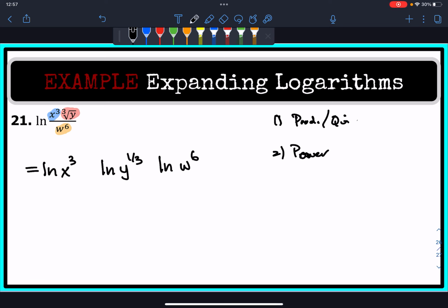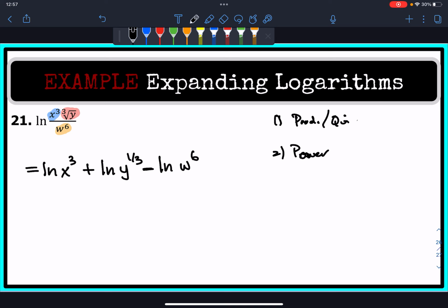Okay, so I expanded using product and quotient. Because I'm multiplying these two, that's going to add those two quantities together. And since this is being divided by this, that means we're subtracting the last natural log.